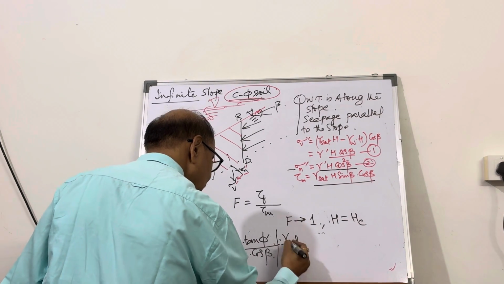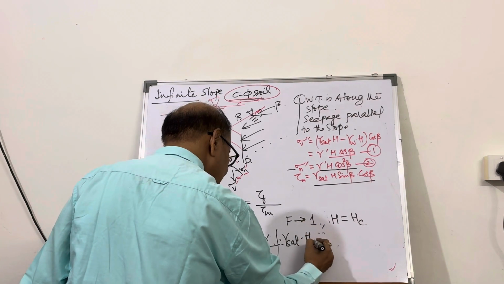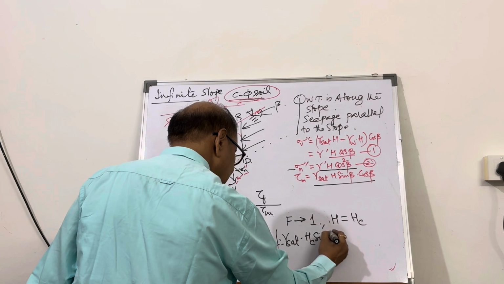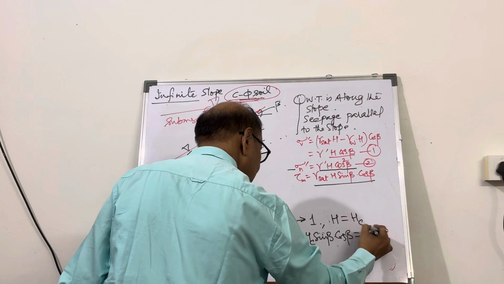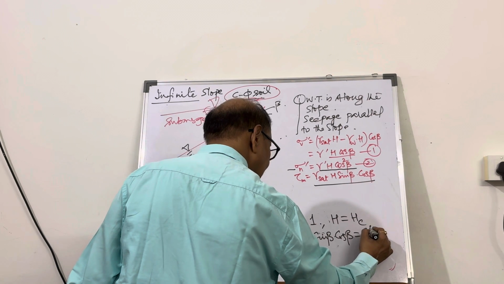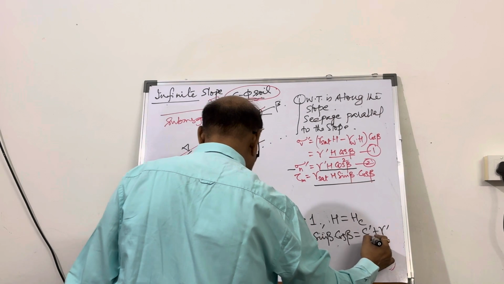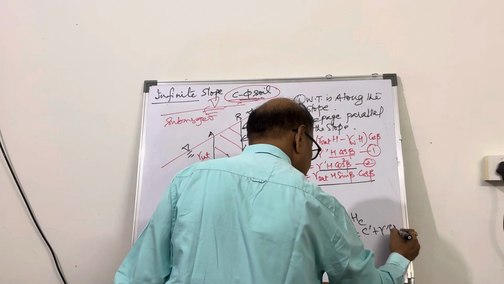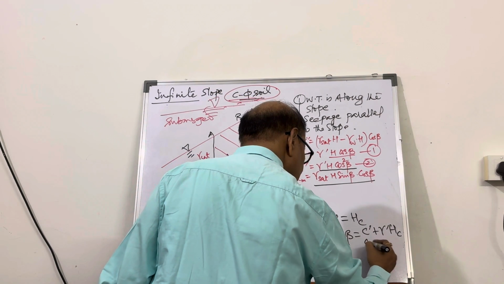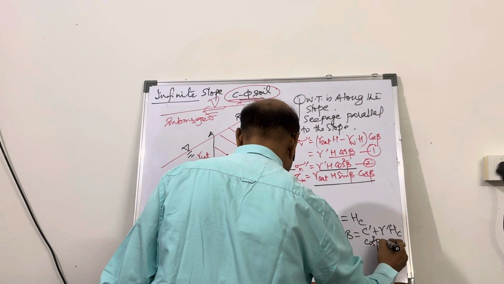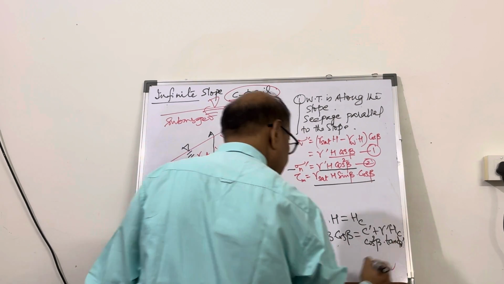therefore, gamma sat multiplied by h critical sin beta cos beta equal to c prime plus gamma prime into h critical into cos squared beta into tan phi prime, right?